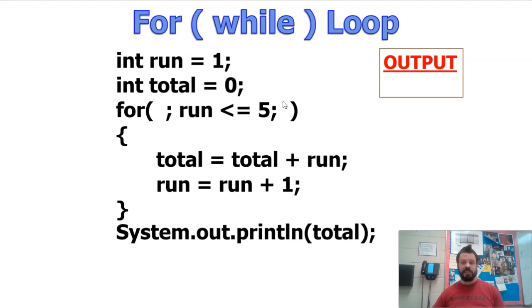Notice the other thing I'm missing here is my increment-decrement section. If I left that blank, I'd have to make sure that I update it within the loop body. We will see some examples next semester where we change that counter variable within the loop body under certain conditions, but typically you don't want to do this.